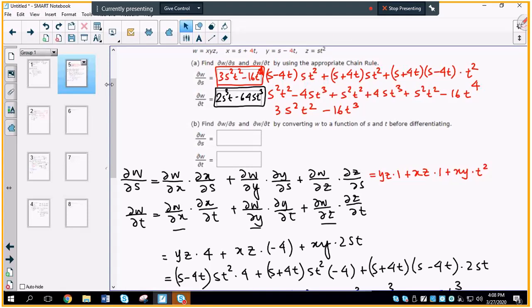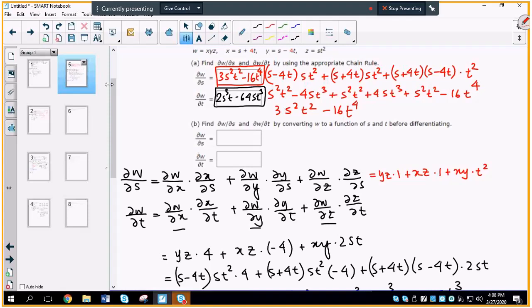Let me rewrite that so that when you look at the completed lecture, you don't get confused. So this is, as we said, 16T to the power 4, and that should be S minus 4T. So that is good. I just have to change this one here, make it 16T to the power 4.